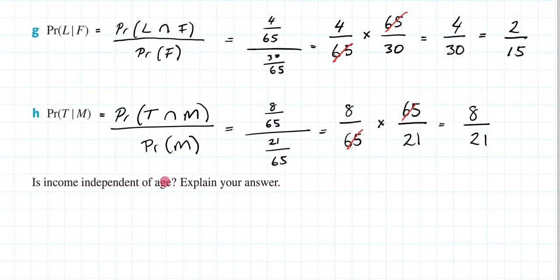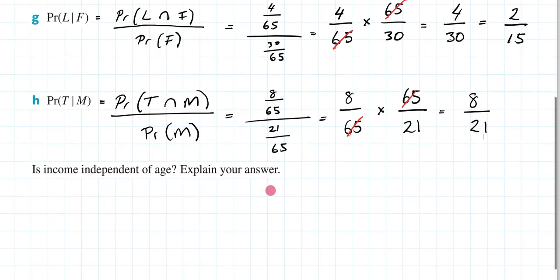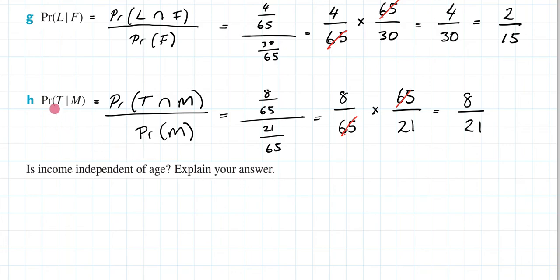And then at the very end, you're going to get this question. Is income independent of age? Explain your answer. Well, let's take our very last one, which told us that the probability of T given M equaled 8 over 21.